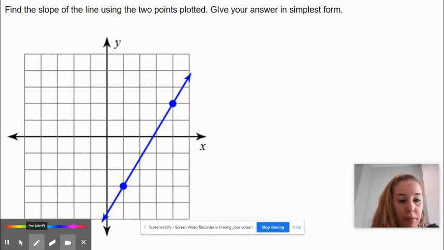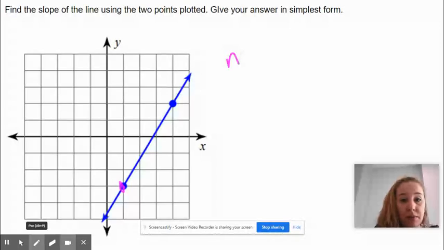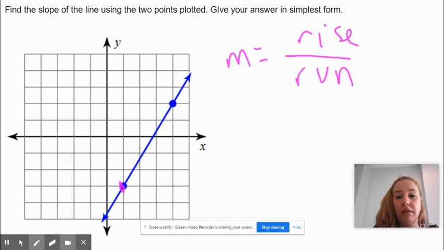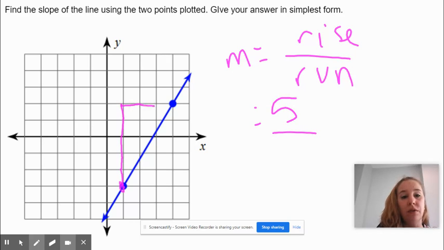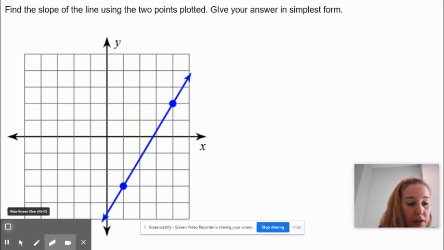Okay, making a prediction. This should be positive. Let's start here. Slope is rise over run. My rise is 1, 2, 3, 4, 5. So I have a rise of 5 and a run of 1, 2, 3. 5/3. Now, of course, had you gone the other way, that's cool too.